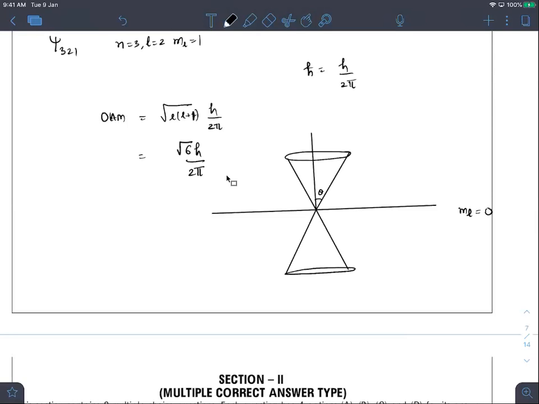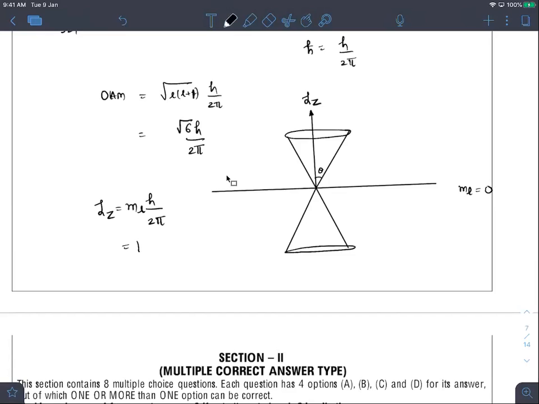Now in here, the angular momentum with respect to ml is equal to 0 would go in this direction, orbital angular momentum, which is represented as Lz. And this Lz, I would rather suggest you remember like a formula as ml into h by 2 pi, whatever the magnetic momentum of that, which is L into cos theta. This is where it comes from.